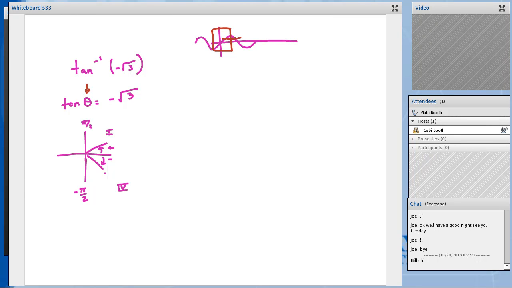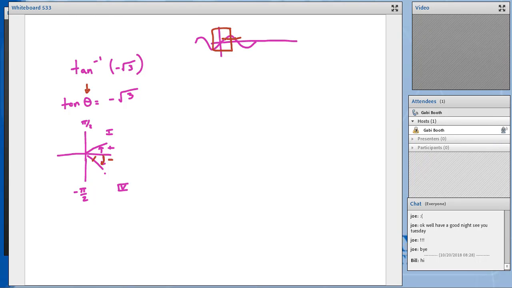So again, we can only look for angles that are within positive pi over 2 or negative pi over 2. So if we go counterclockwise, we have our positive angle. If we go clockwise down here, we have our negative angle. So for which angle is the tangent negative square root of 3?